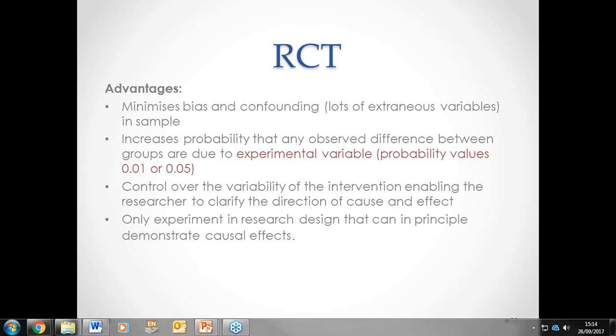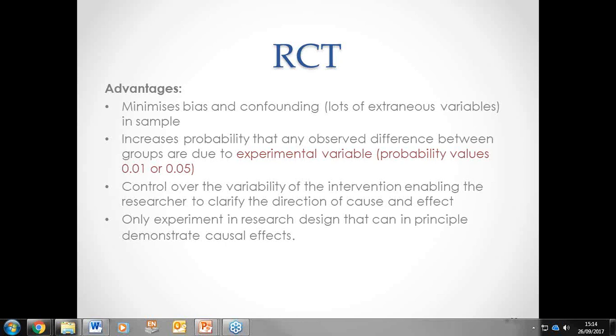So we've controlled the variability of the intervention, enabling the researcher to clarify the direction of cause and effect, i.e. that it is drug A, the new drug, that is causing the improved pain management, not the fact that they're in a research study, that they're getting a new drug, that they know they're getting a new drug, because that might have additional positive effects.